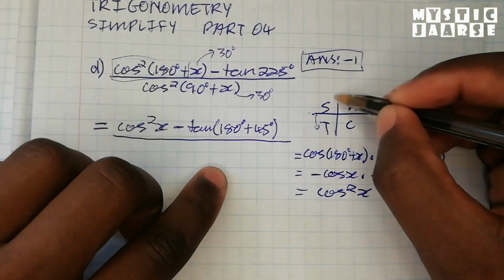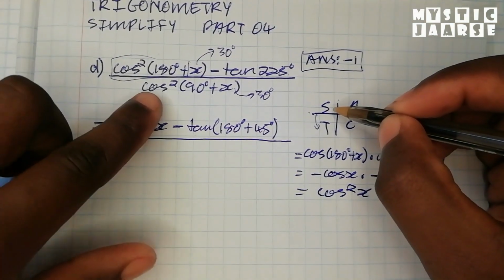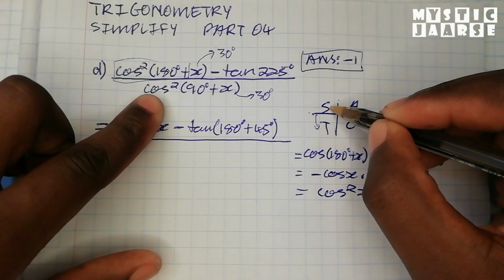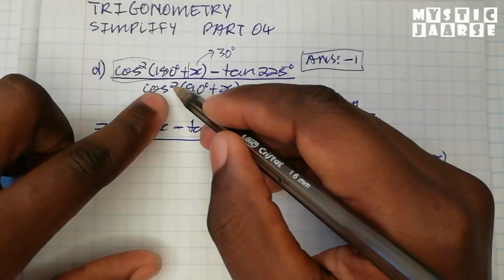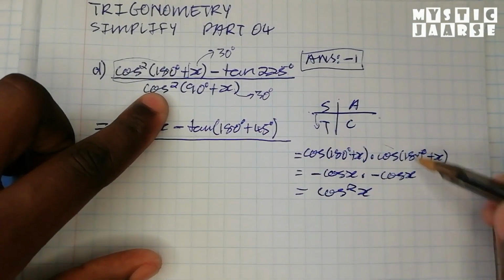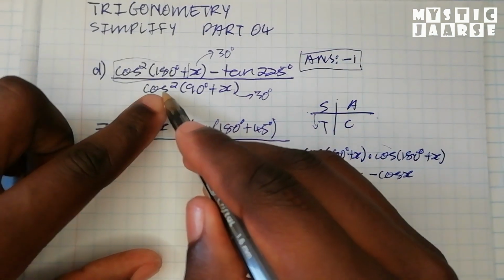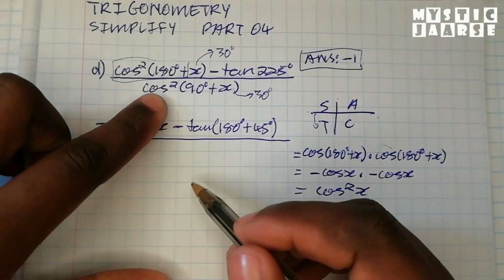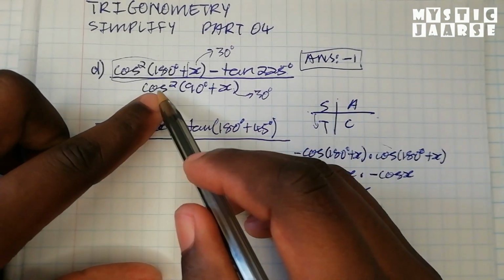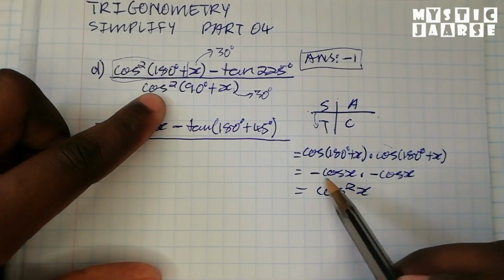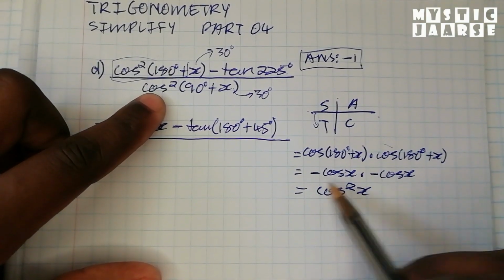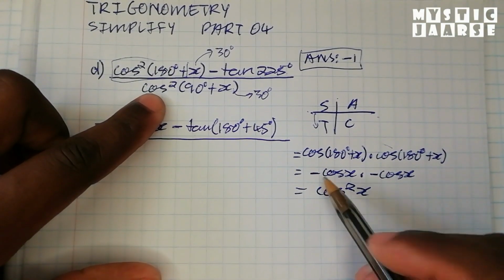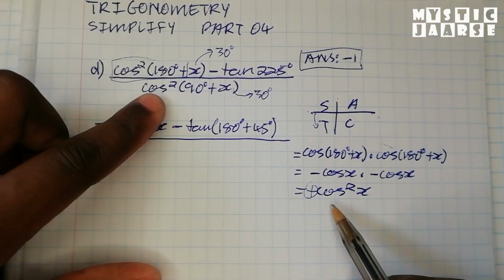Now 90 degrees plus is the second quadrant, and cos is negative, but this cos is squared. So the same thing that happened here is going to be in effect on this cos. It is going to be negative, but then we will be having negative multiplied by negative, and it is going to give you a positive cos.